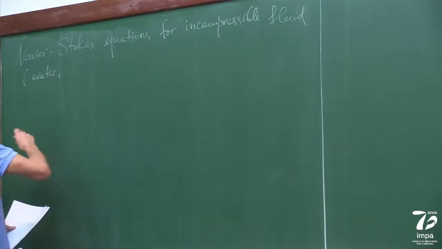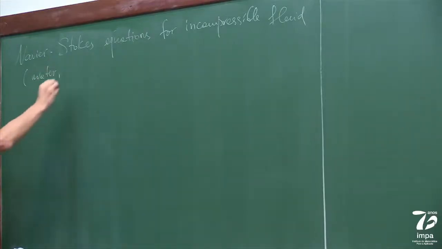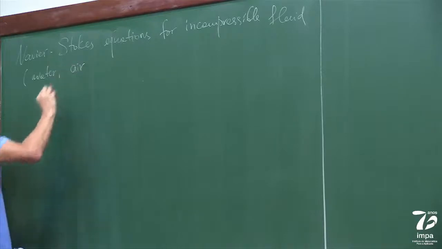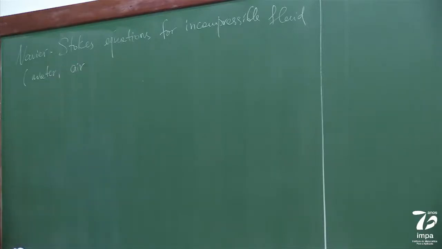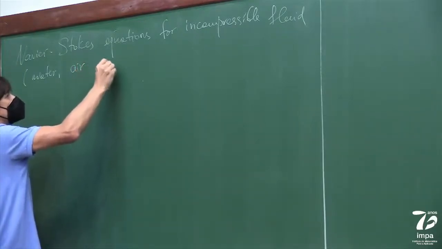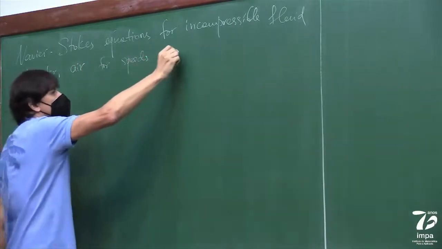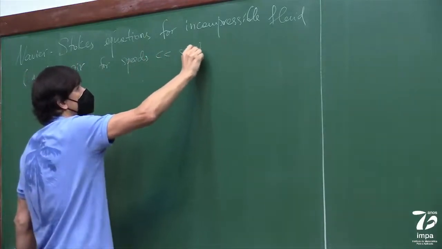And then another very typical application of the Navier-Stokes is air, the atmosphere. You think of air as compressible, but in fact air is incompressible when the speeds are not too high, for speeds much smaller than the speed of sound.